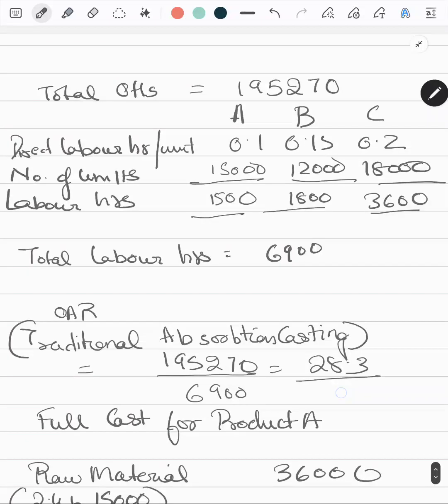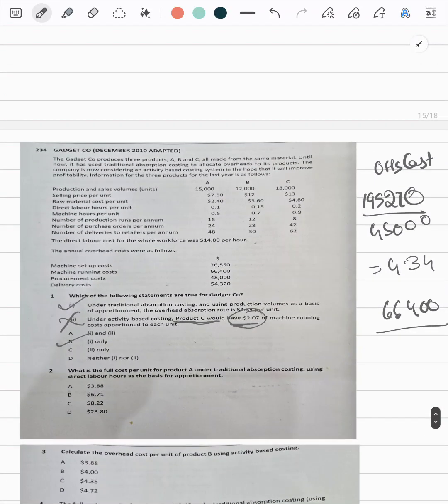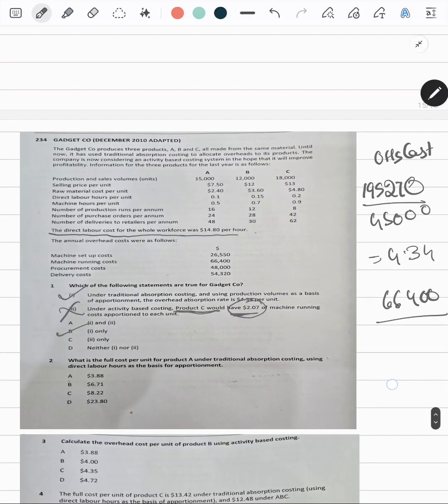After that I have direct labor, and direct labor was 0.1 per unit. But these are hours, there is no labor cost available. So how will I calculate? Is it given in the question? Let's read it out once again. Yes. So the direct labor overhead cost for the whole workforce was 14.8 per hour.